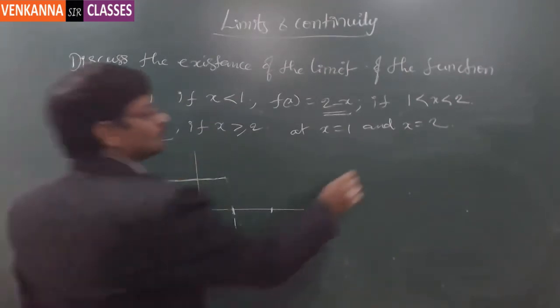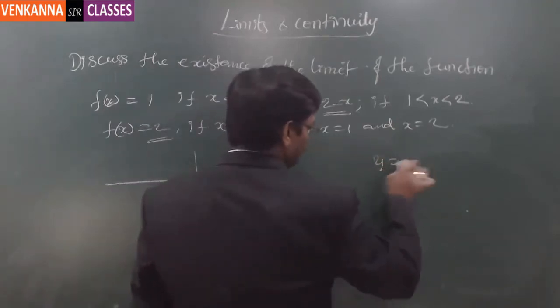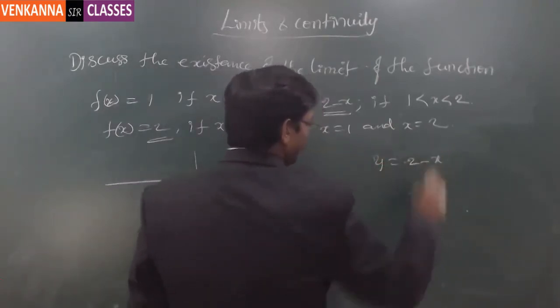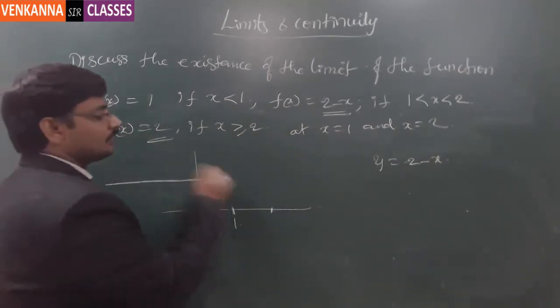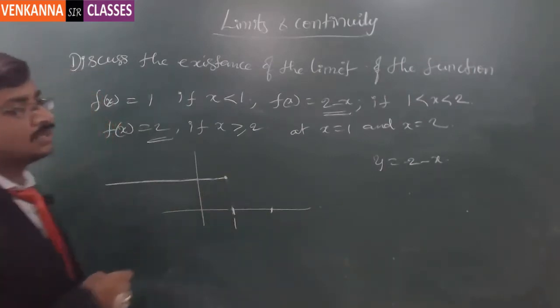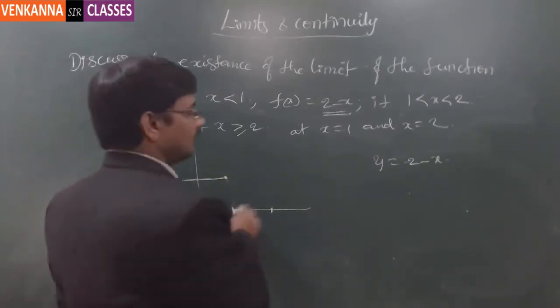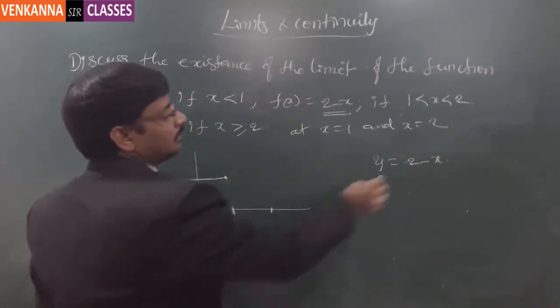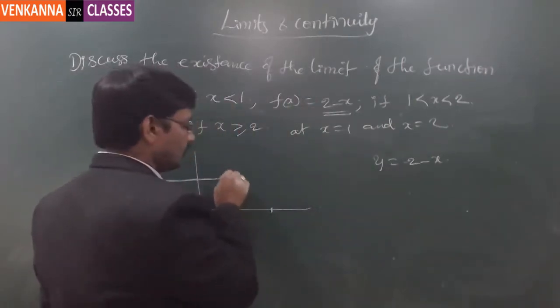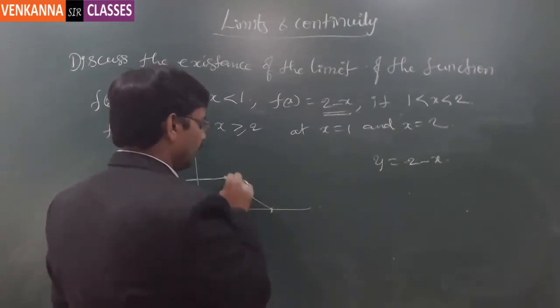So y is equal to 2 minus x is the equation. Now, if you draw this function at x is equal to 1, it will start with 1. Then it will have a negative slope there. Got it? Then, when x is equal to 2, this value is coming out to be 2 minus 2, which is 0. It is linearly coming down like this.